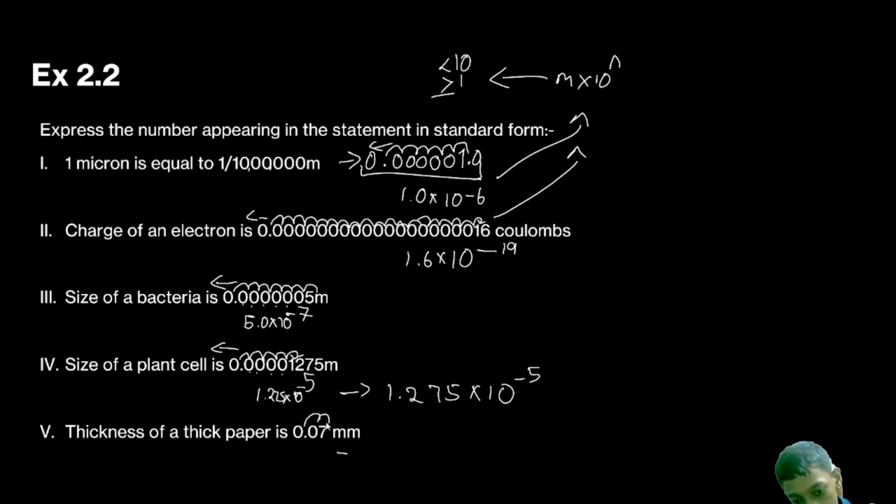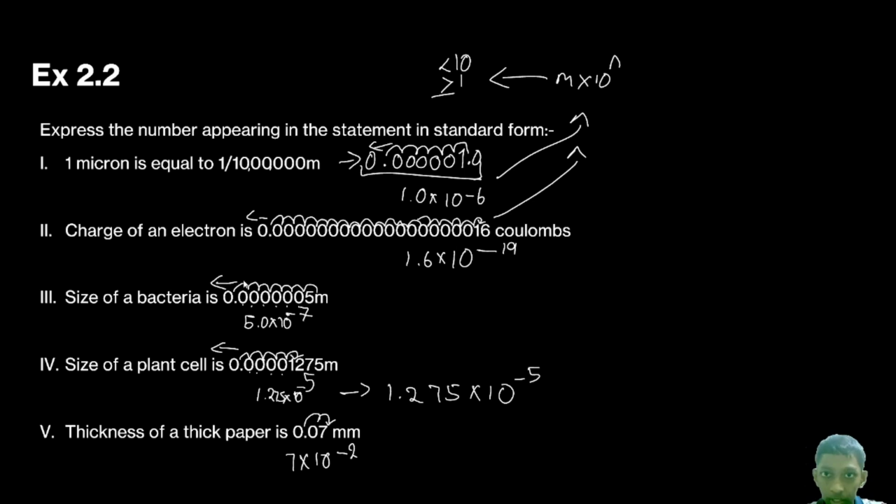It's just 2 places. 7.0 or 7 point something. 7 is greater than 1 and less than 10. So it has moved 2 places. So the value of the exponent is minus 2, and the value of m is 7. So 7 into 10 raised to the power of minus 2 is the answer for our fifth question, that is, the thickness of a thick paper.